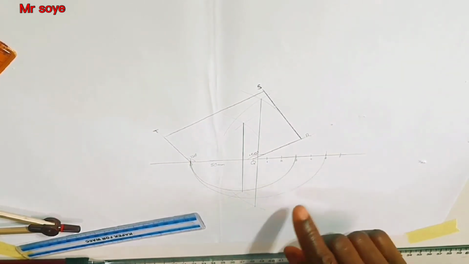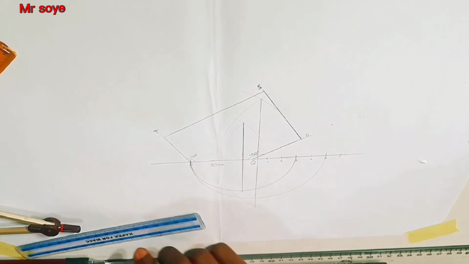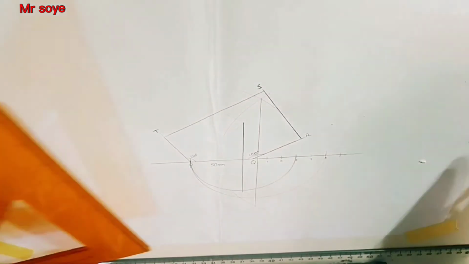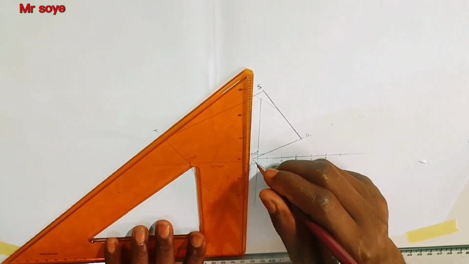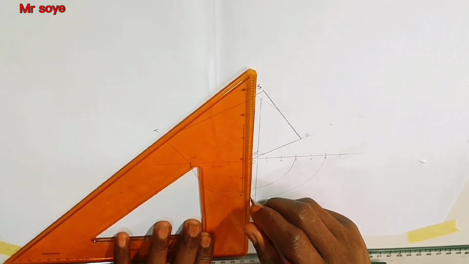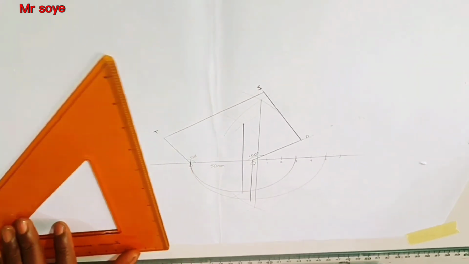So I even bisect P5. All you now do, you draw a perpendicular from point Q. Good.